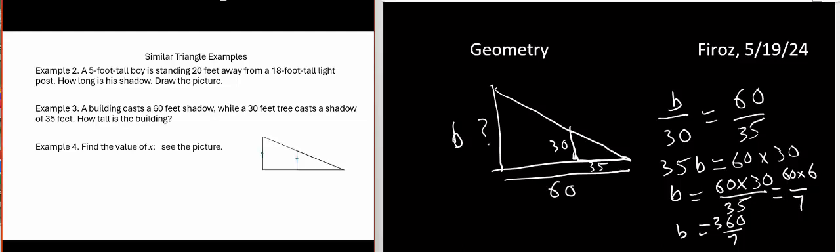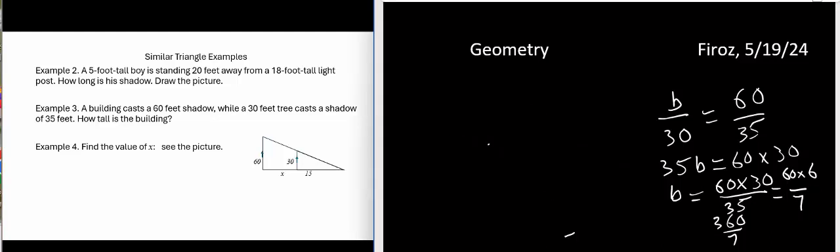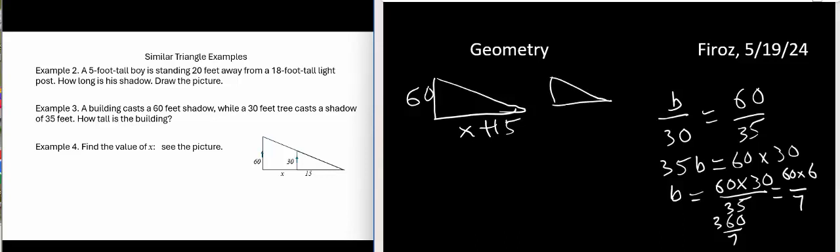From this picture, I need to find what x is. If you look at the picture, the bigger triangle is giving you 60, and that one is x plus 15. And the second triangle is 30, and this one is 15. So then we can say 60 over 30, like sides, will be x plus 15 over 15.